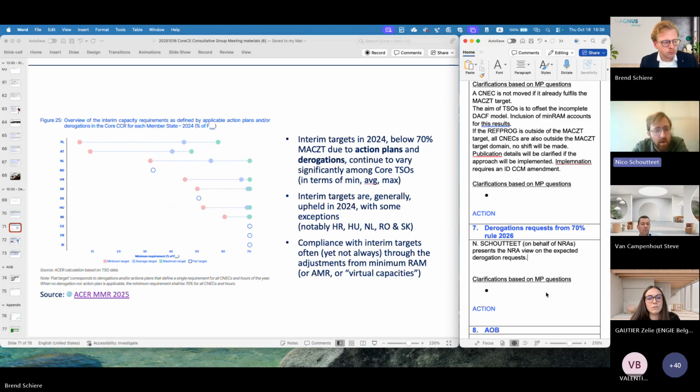If you add to that derogations which were granted to TSOs in 2024, you can see here that there are actually 3 member states in the core region where the actual target was 70%. So it's Czech Republic, France, and Slovenia. Those are the countries where no derogations are approved. Those are also the countries where no action plans are in place.